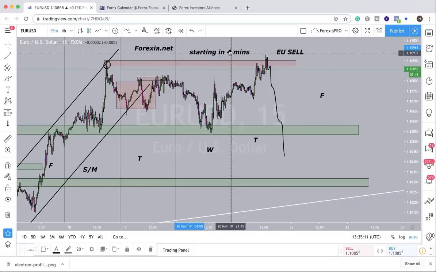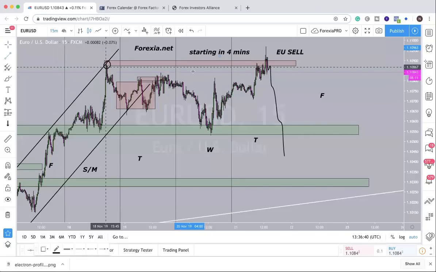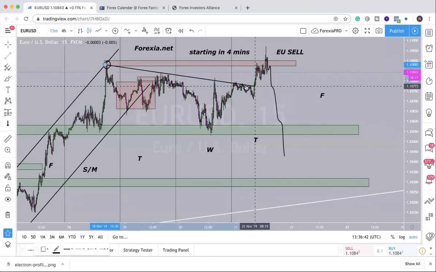Someone's asking if Euro USD setup is a signature trade. Let me show you right now. Big, beautiful signature trade.